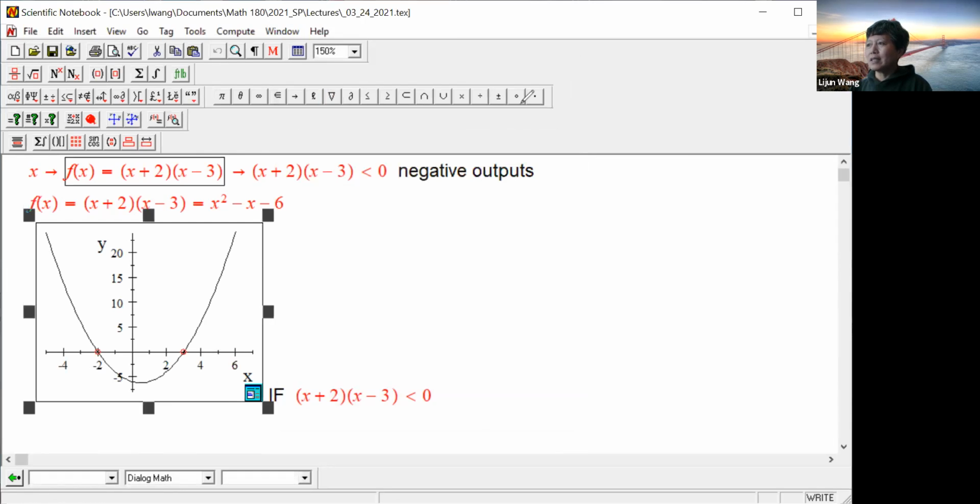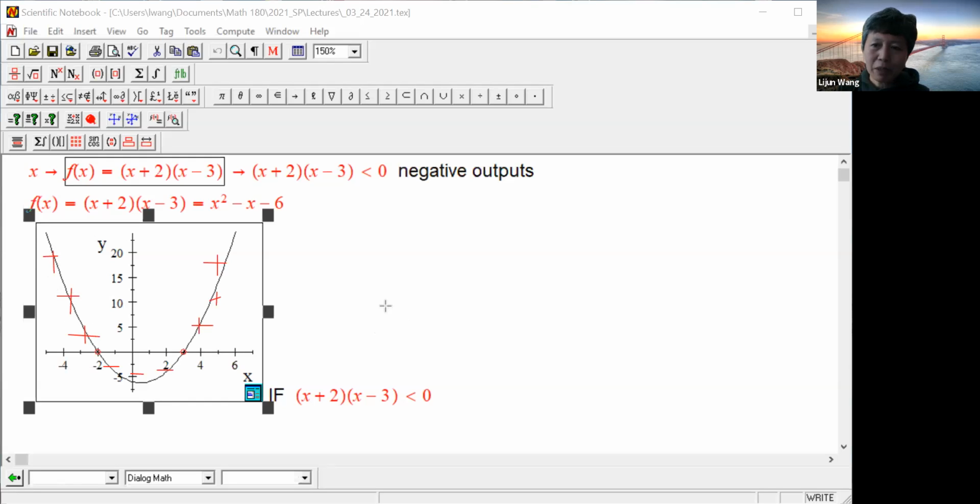So where do you see the negative output? You just told me. These are the negative outputs, and these are the positive outputs. And isn't the solution very obvious?